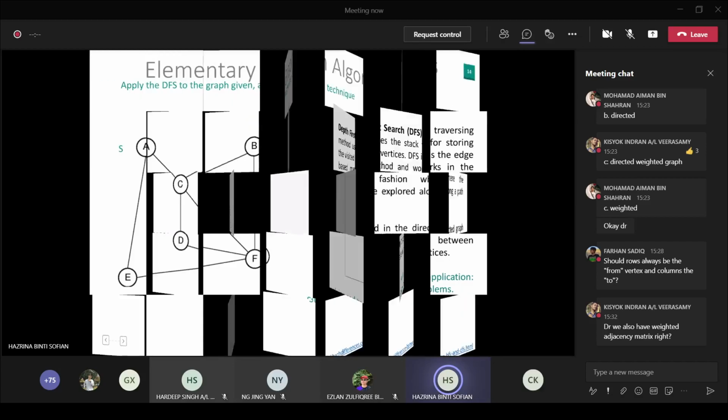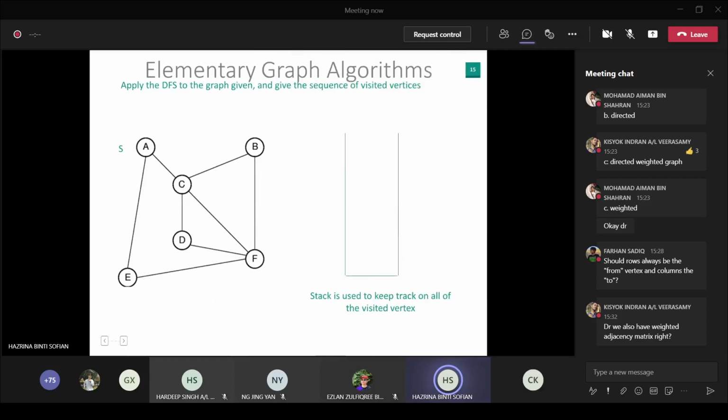To explain the algorithm, we try to understand it using an illustration. So this is the example of a graph. In this graph, it is undirected, so we know that it can go both ways.